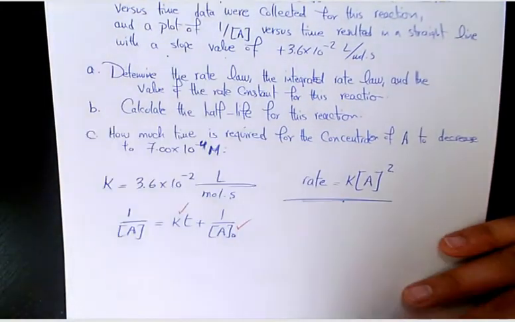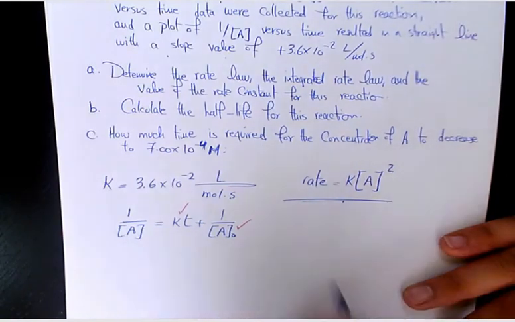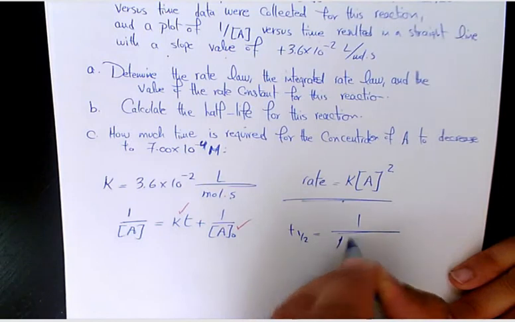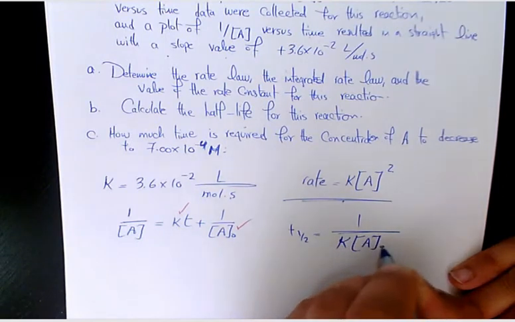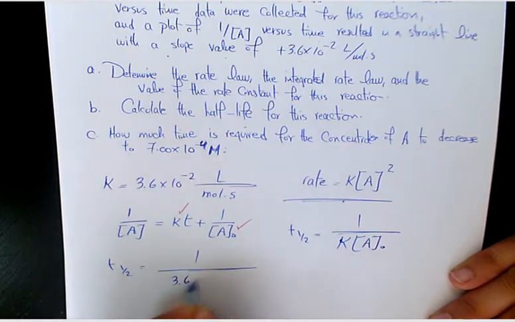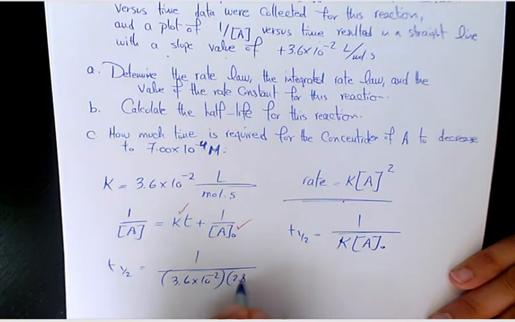Second part, it says calculate the half-life. The half-life of the second order reaction is going to be T half equals 1 over K times the initial concentration, which is 3.6 times 10 to the power of negative 2 times 2.8 times 10 to the power of negative 3.